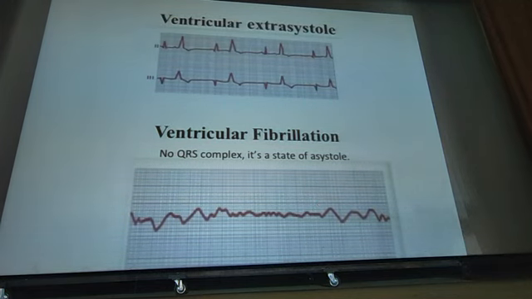Ventricular fibrillation requires a shock. A large DC voltage is delivered in a very short period of time.